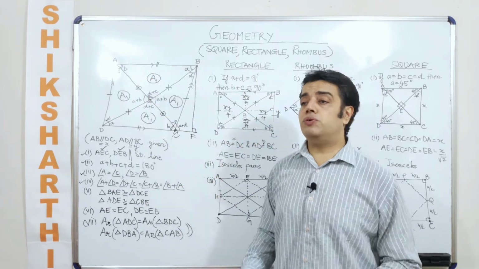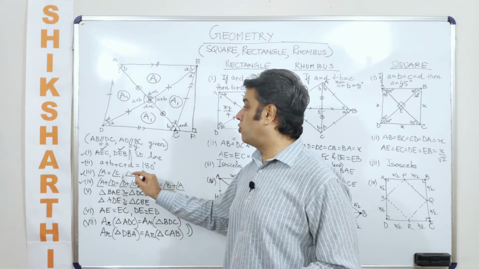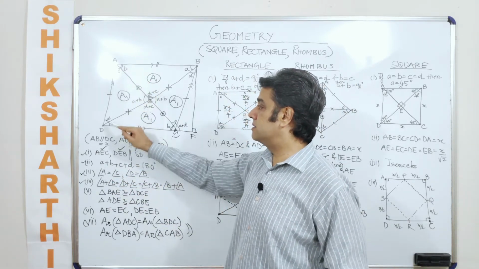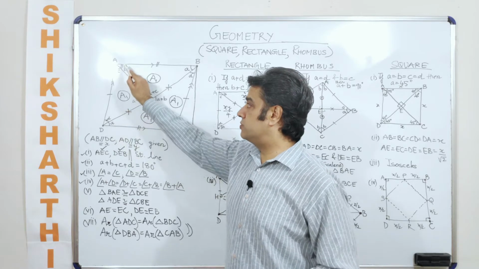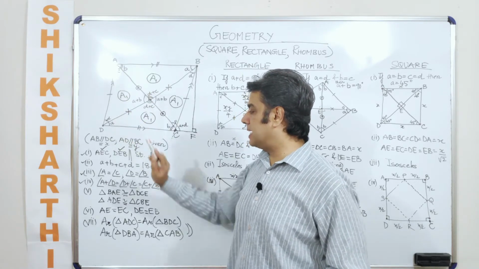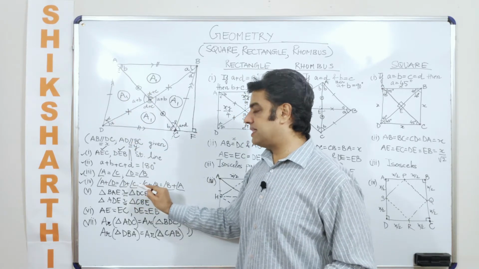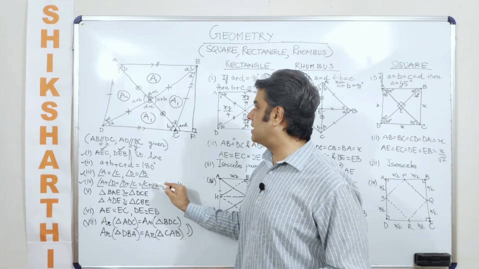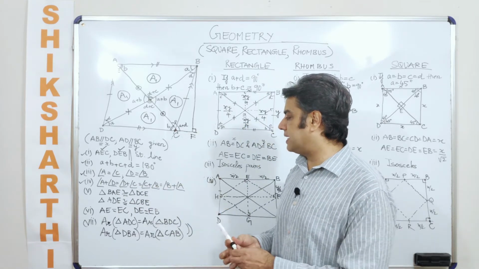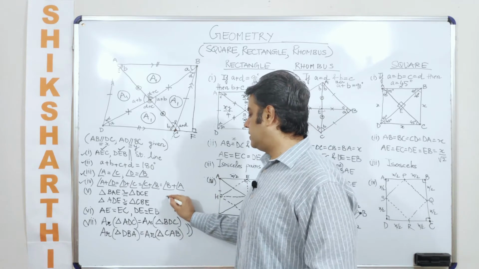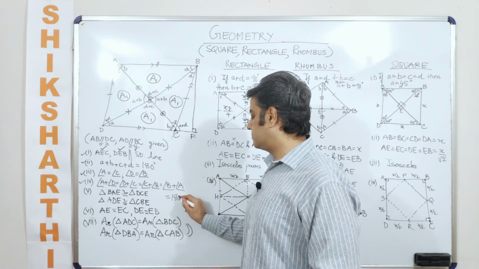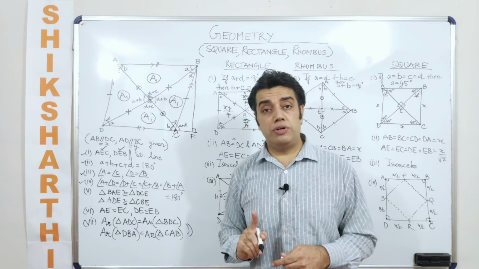Yes, because we know that in a parallelogram, the sum of alternate angles, one after the other, angle A plus angle D is equal to angle D plus angle C is equal to angle C plus angle B is equal to angle B plus angle A, which is equal to 180 degrees. We already know this.